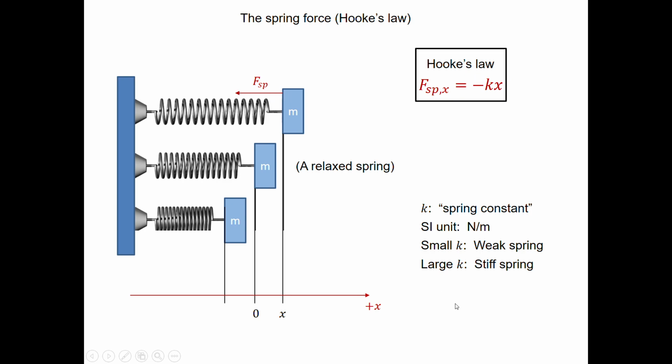Remember, positive x is in this stretched location. Similarly, if I compress it in, the spring force is pushing in the positive x direction, which means this side should be positive. It looks negative, but it actually is positive because now we've pushed it into a negative x location.